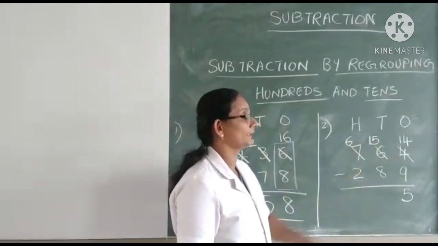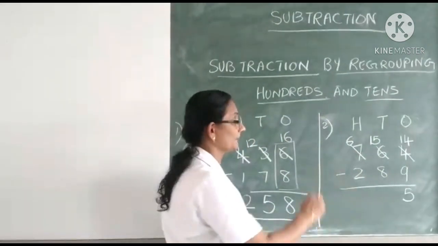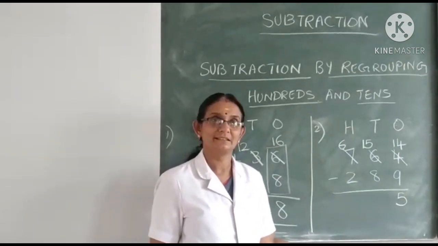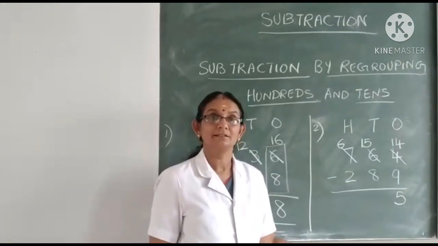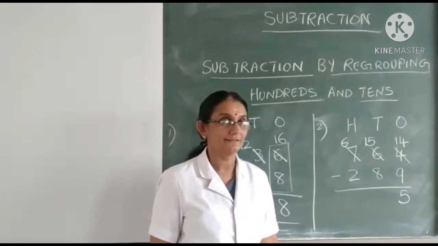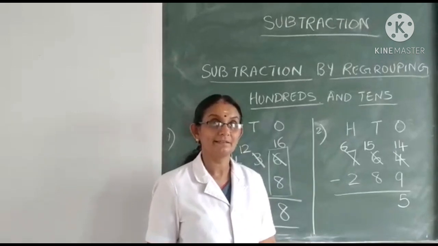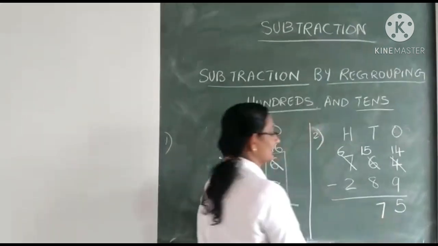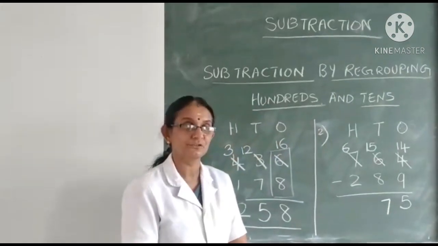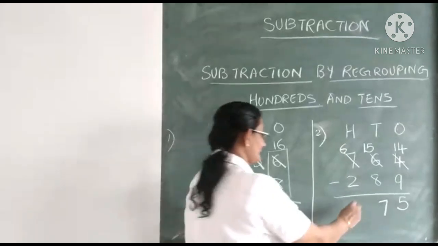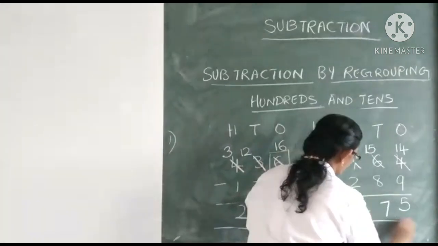Now 15 minus 8: count backward from 15. 14, 13, 12, 11, 10, 9, 8 and 7. So the answer is 7. And now what is 6 minus 2? Take away 2 from 6, you get the answer as 4.